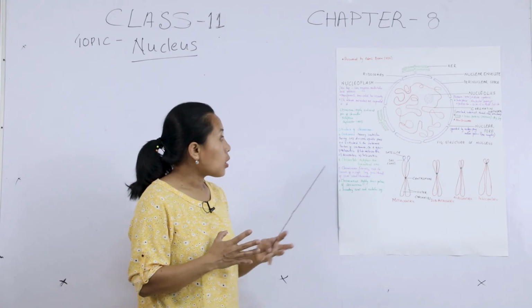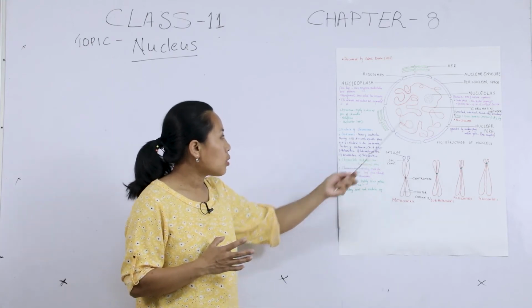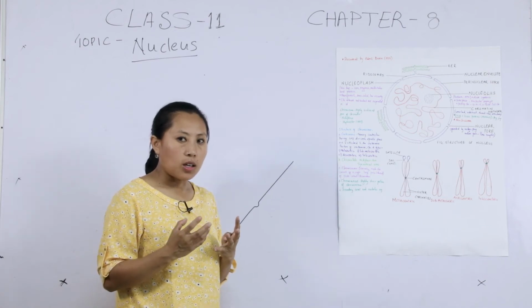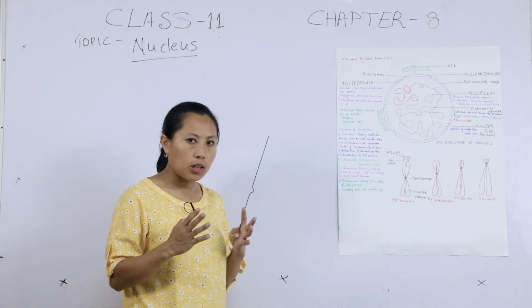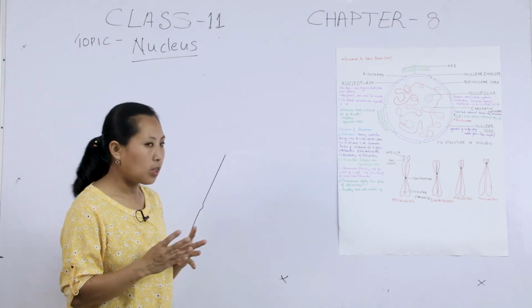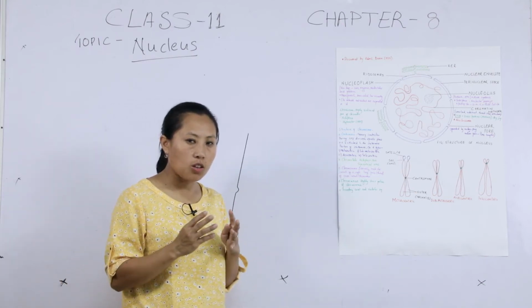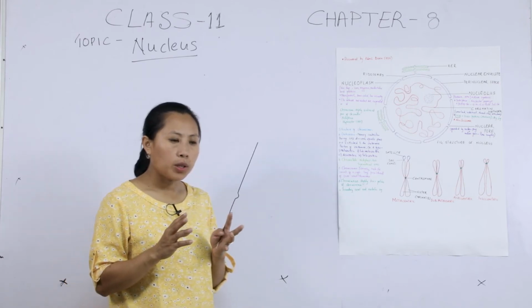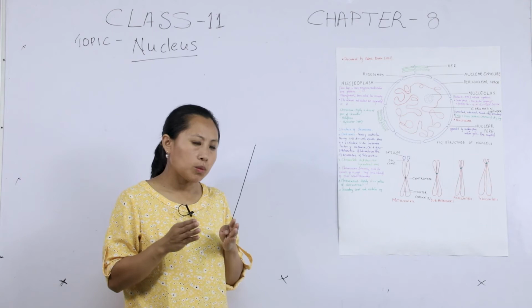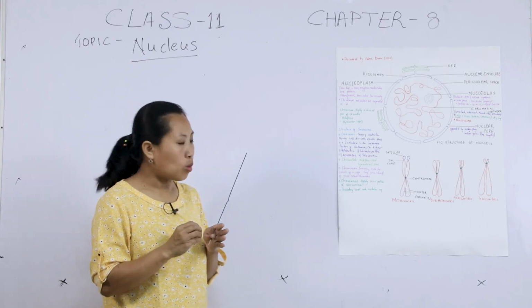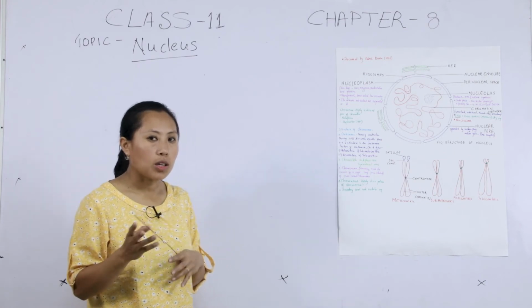When it enters into the division phase, this chromatin network becomes highly condensed. They become shortened, condensed, and thick thread-like structures. When the chromatin networks condense and become thickened, they are visible as chromosomes.